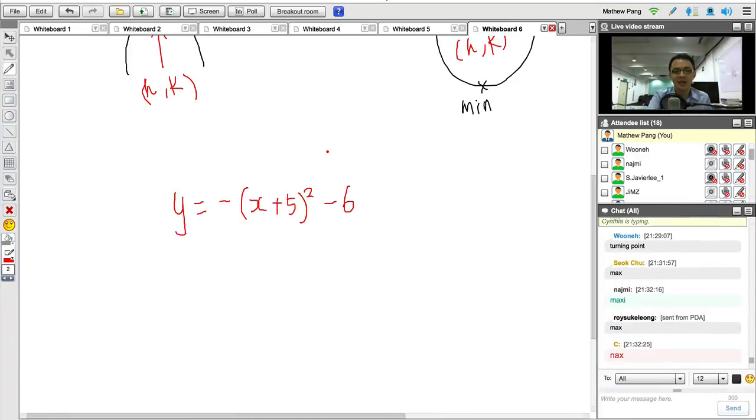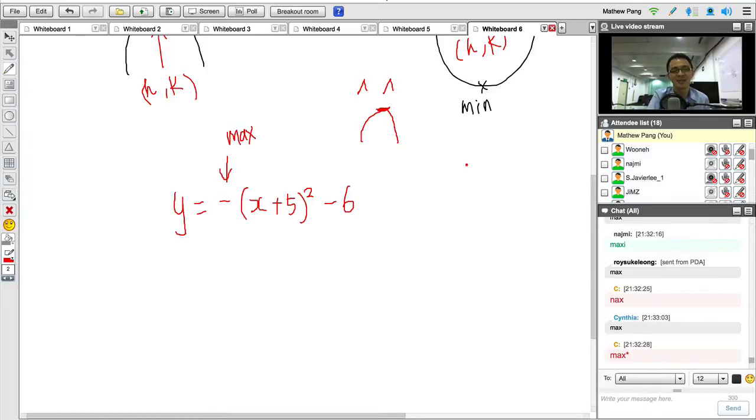Yes, I will get a maximum because this value is negative. If this value is negative, you will get a maximum. It's very easy to remember. When something negative happens in your life, of course you will be upset, so you get maximum. When something positive happens in your life, you will smile, so you get minimum. Just remember something like this.